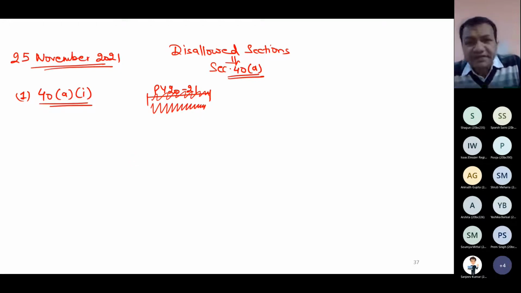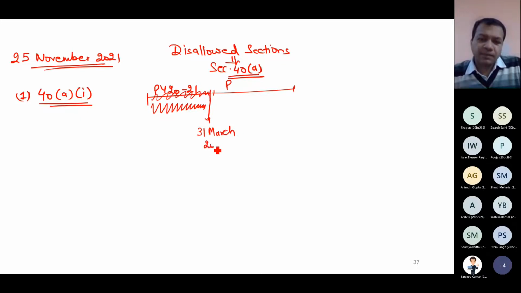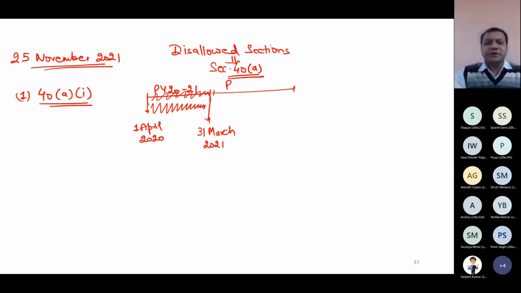Or you deducted the tax, but you haven't deposited it till when? Suppose this is 31st March, this is 1st April. So my first issue is that I failed in deducting the tax. If I failed in deducting the tax, then I cannot debit that payment in previous year 2021.